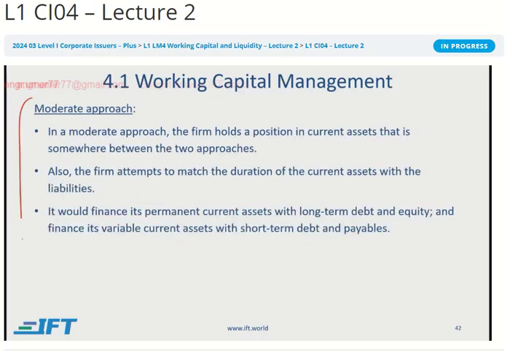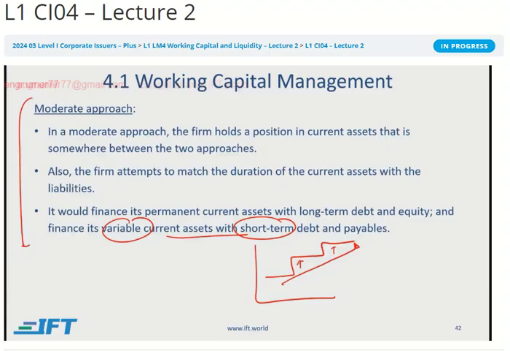And of course, your moderate approach is that you've got your long term financing keeping up with the business growth, and the short term jumps are being funded with short term. So your variable current assets funded with short term debt and payables. So of course, this is a good approach, optimum approach.